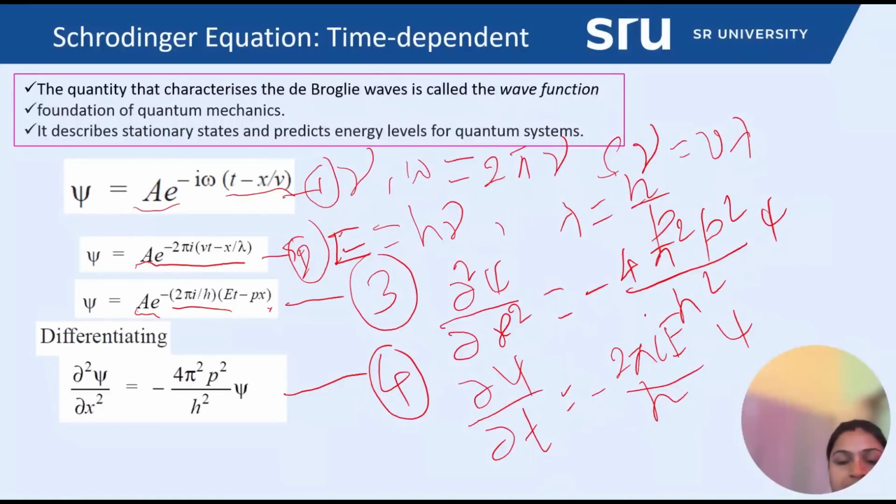So basically del psi by del t equal to minus 2 pi i E by h into psi. This is our equation 5.